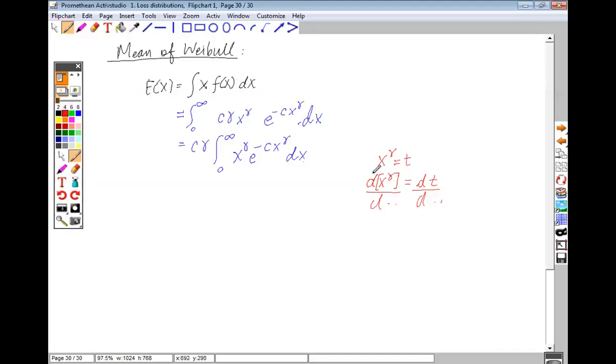So if I'm supposed to differentiate this, what I will get here is gamma times x raised to gamma minus 1, right? And I'll have dx along with it, and that will be equal to dt here, right? Does this make sense? Yes, ma'am. And what should I be doing next?